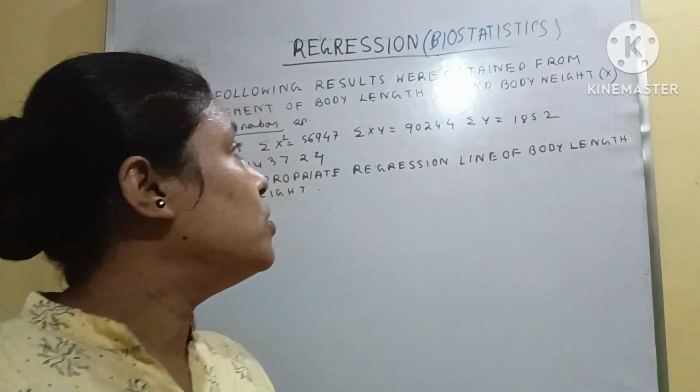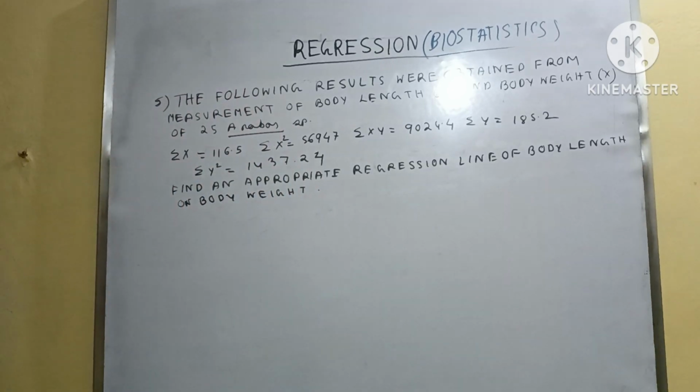Here is the problem: the following results were obtained from measurement of body length y and body weight x of 25 Anabas sp. What information do we see here?